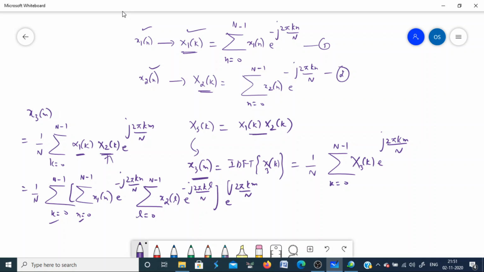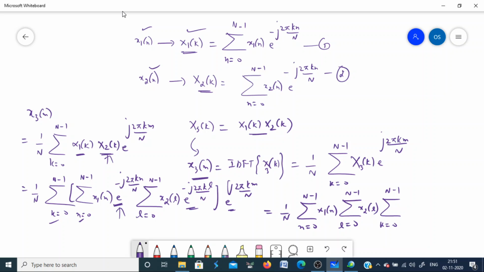From these exponential factors you can take something common, and you can rearrange this equation. I can write it as, first, the summation for n equal to 0 to N minus 1 of x1(n), and second, the summation for l from 0 to N minus 1 of x2(l), and then a third summation for k from 0 to N minus 1, where we combine all these three exponential factors together.